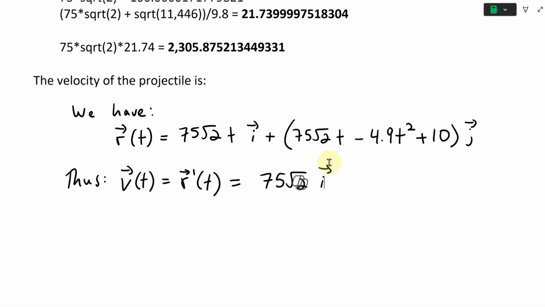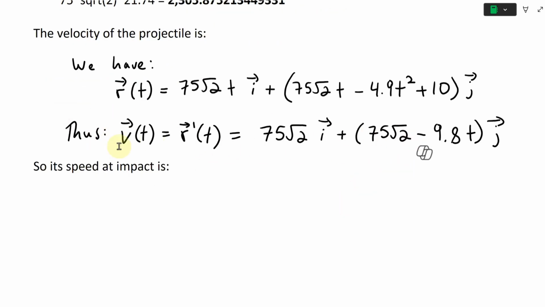The derivative of 10 is 0. For this one, the t vanishes, so we have plus 75 square root 2. Next one is 4.9 times 2, that's 9.8 times t, j. And that's the velocity vector.